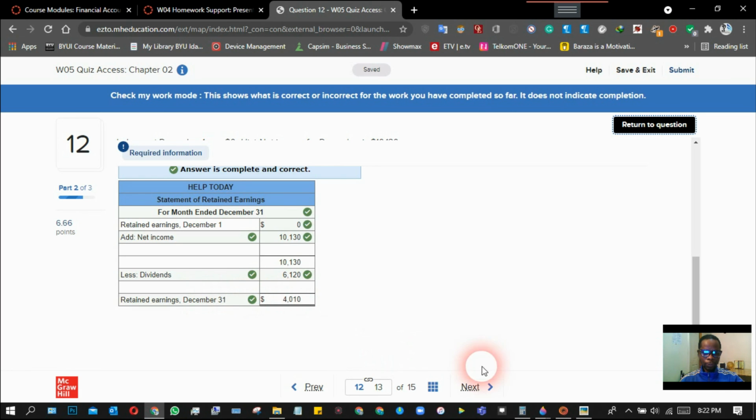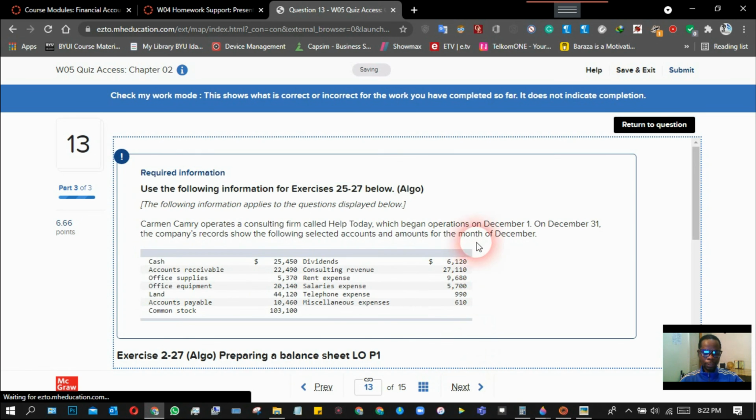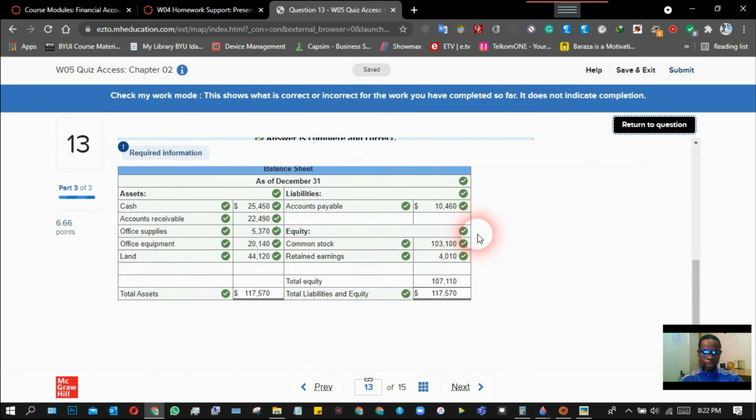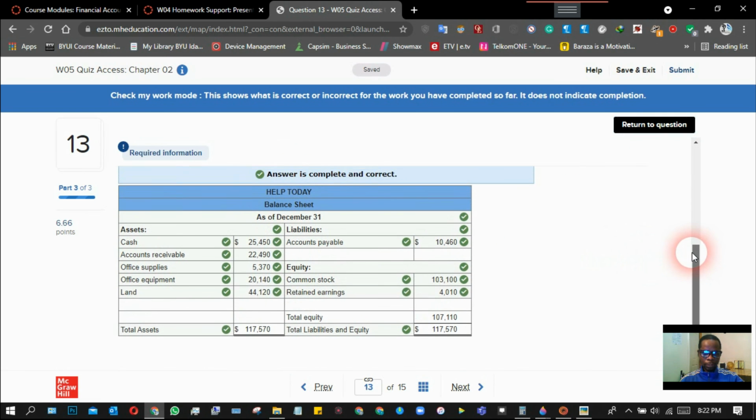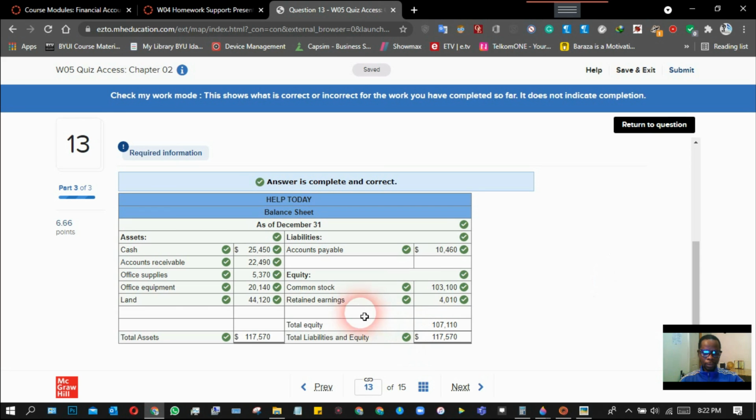And then we were able to use the retained earnings in our balance sheet, which gave us total assets equal to total liabilities and equity.